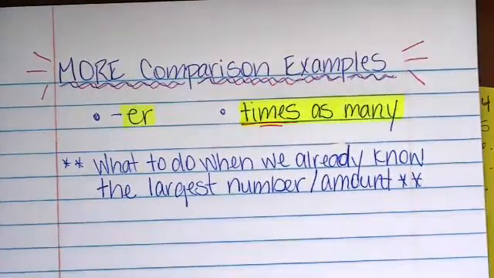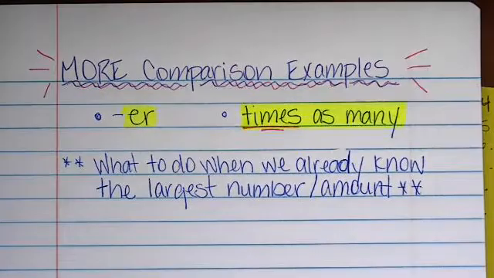So we're going to practice today on what you would do in these comparison problems when we already know the largest amount or the largest number. So we're going to have to do a little bit of backwards thinking, because if you know that largest amount, we're not going to be adding or multiplying.